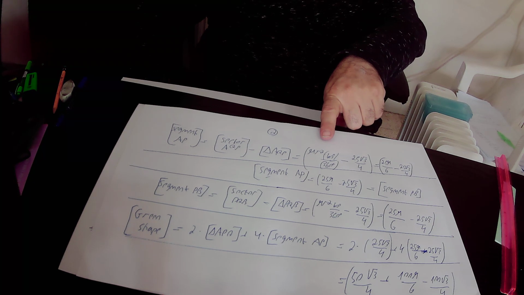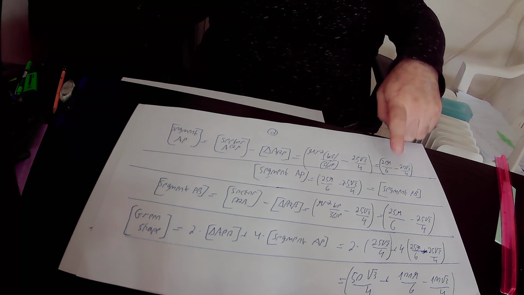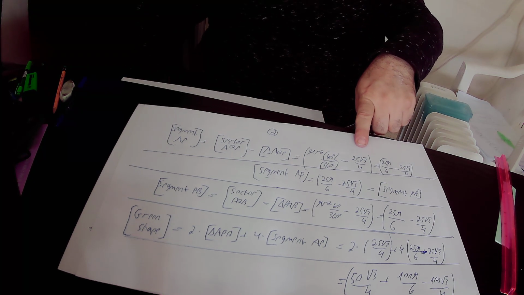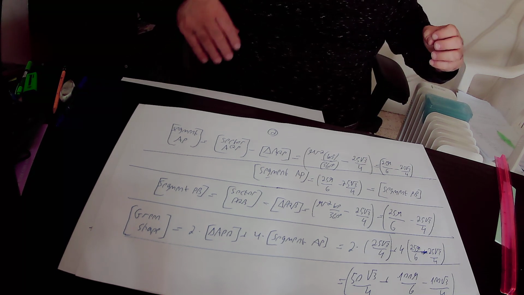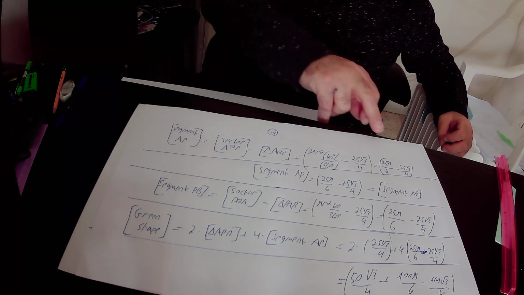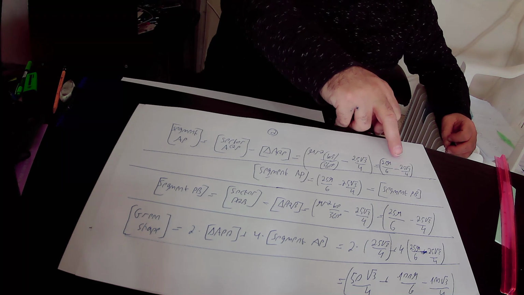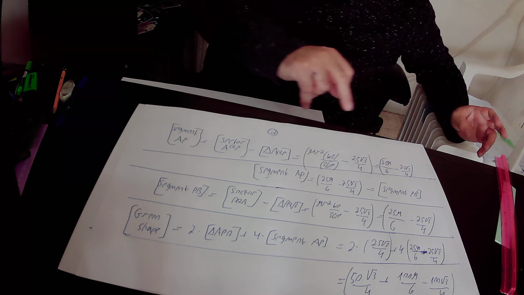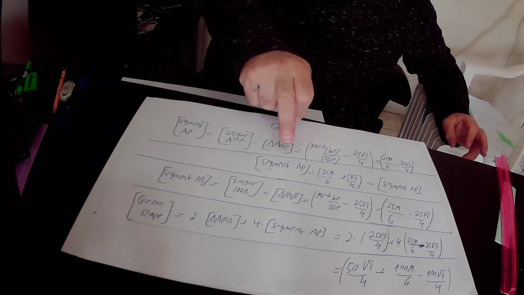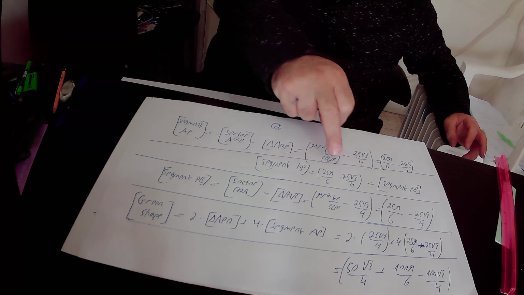So the value of this expression is 25 pi over 6 minus 25 times square root of 3 over 4. So the area of segment AP equals 25 pi over 6 minus 25 times square root of 3 over 4. Okay, this is the area of segment AP.